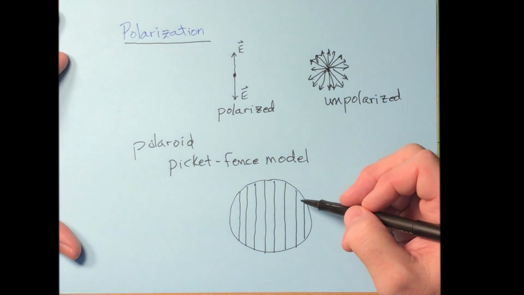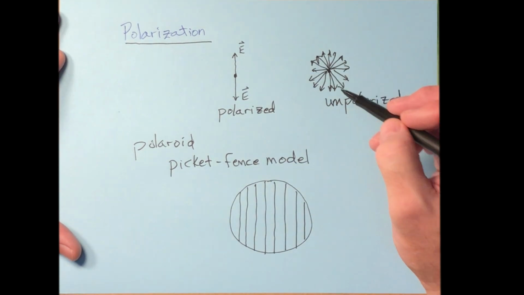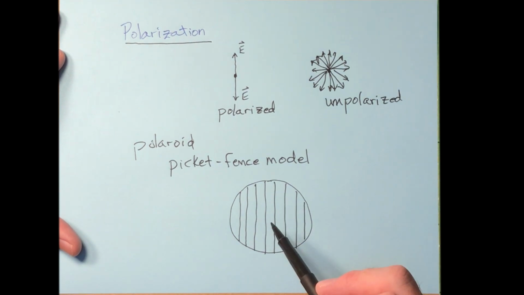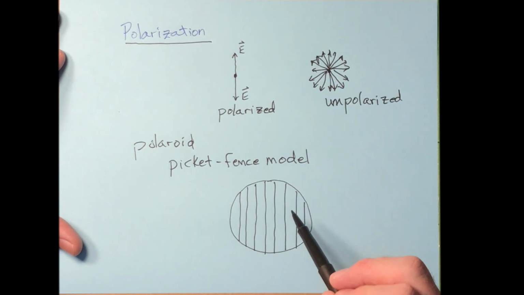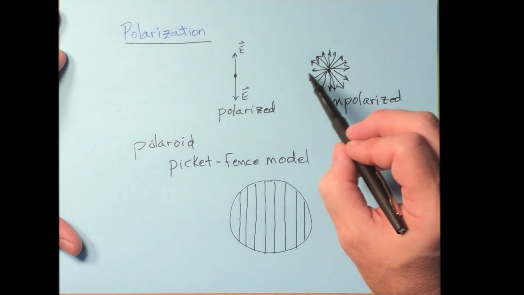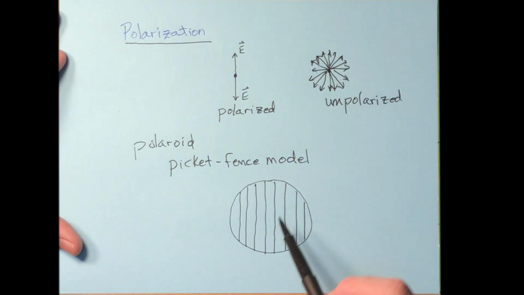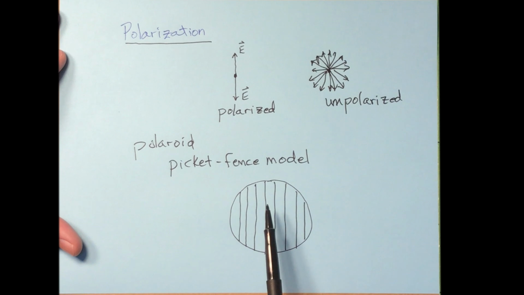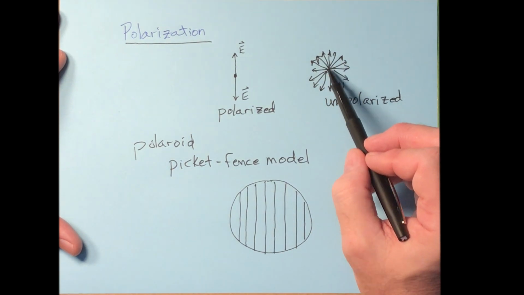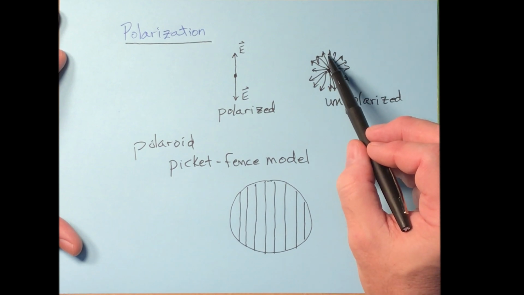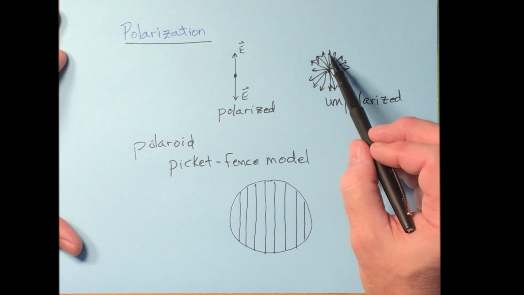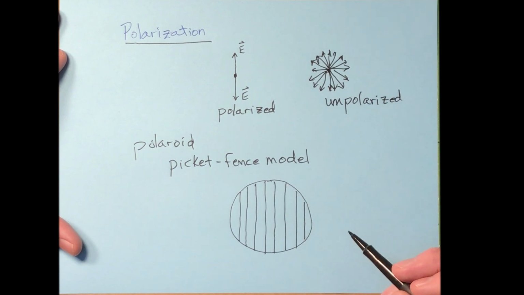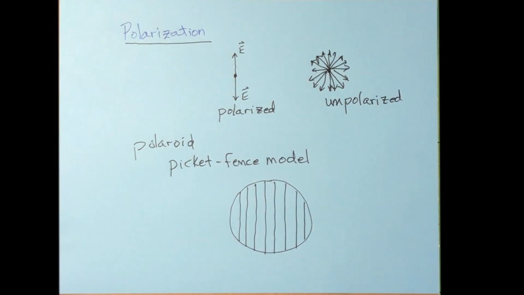Now, light that is unpolarized, coming in every direction toward a thing like this, would not be able to pass through the picket fence. Think of this as having gaps, and only the electric field waves that are in line with these gaps will be able to pass through. So it's like a picket fence. Not everything can pass through. Only if you go through the slots are you able to get through.